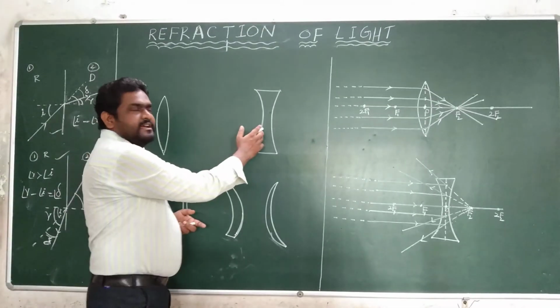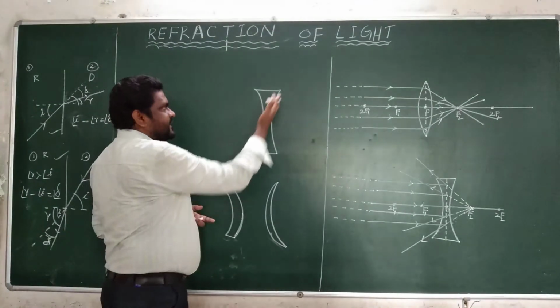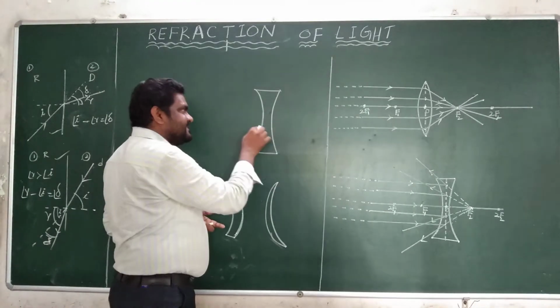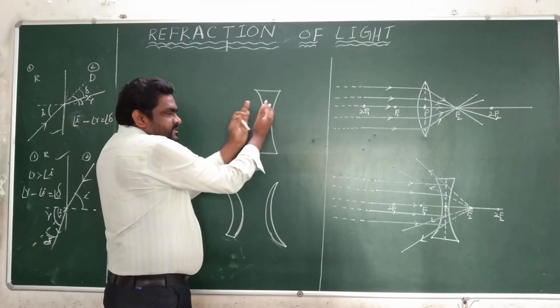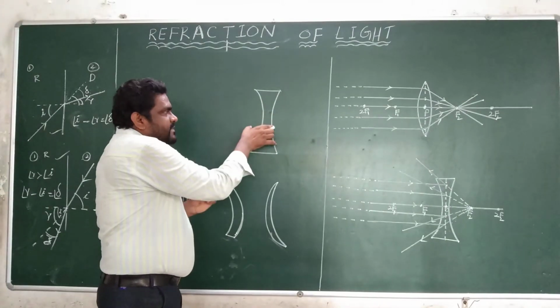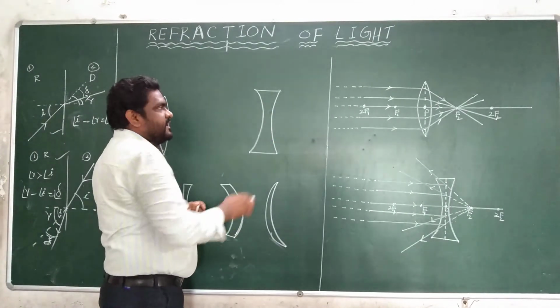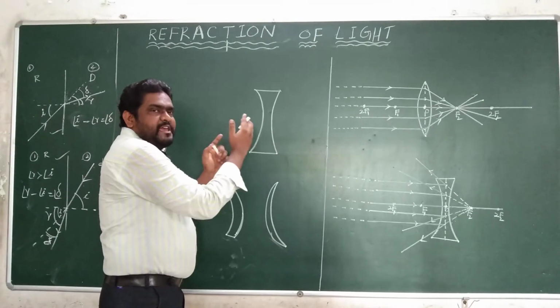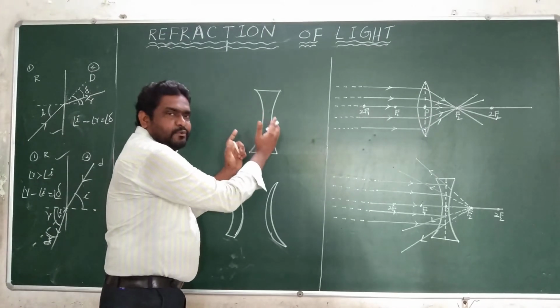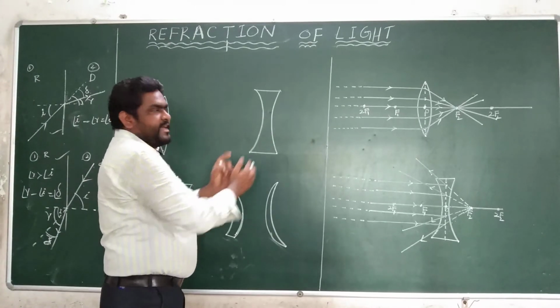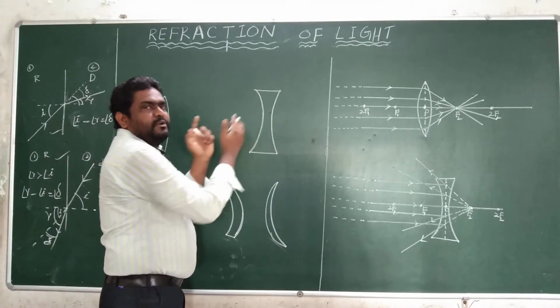See from here, this is one curved surface, this is the other curved surface. It is a concave surface, this is also a concave surface. Two concave surfaces are bound together to form a lens. So we call this the biconcave lens or concave lens.